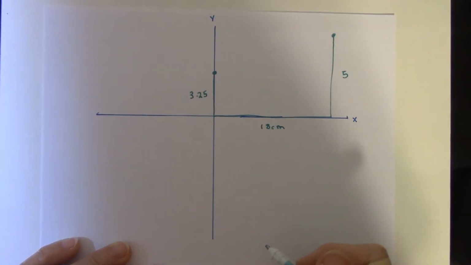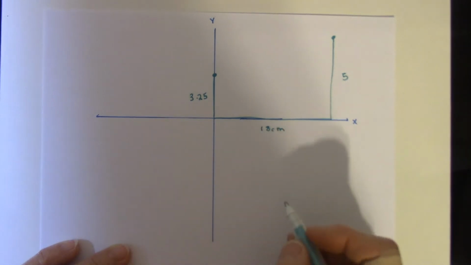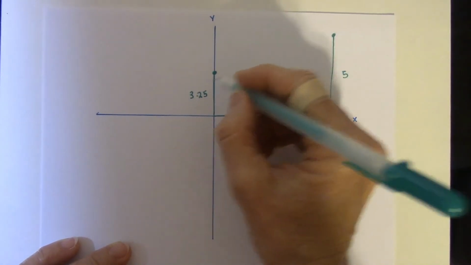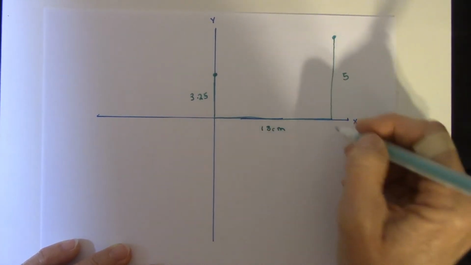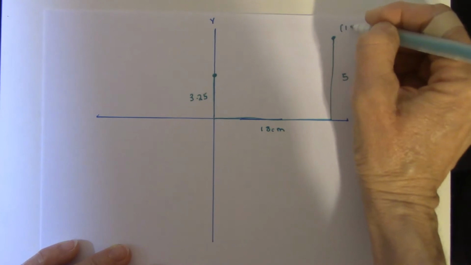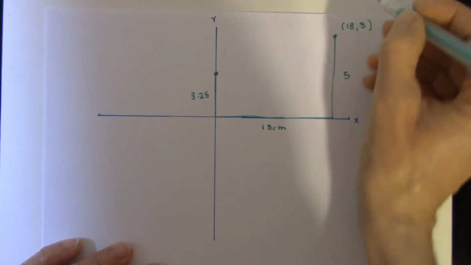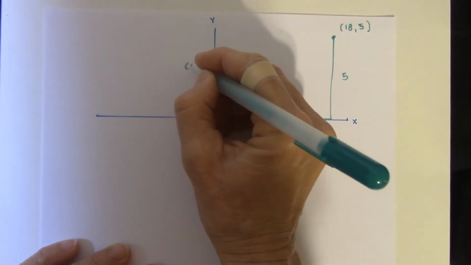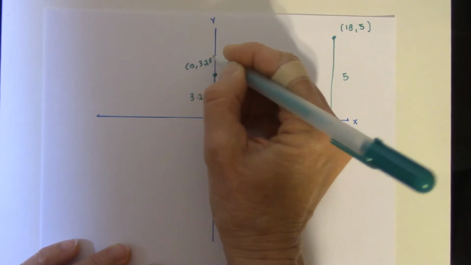Now I need to come up with the equation that goes here. To do that, I need to know the coordinates of these two points, and I can use algebra. The x value here is 18, and the y value is 5. And here the x value is 0, and the y value is 3.25.